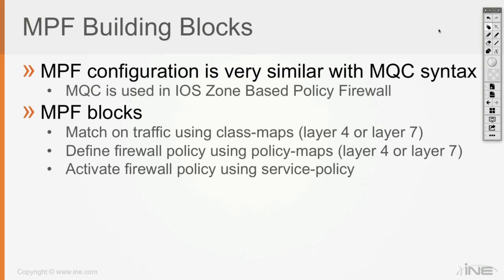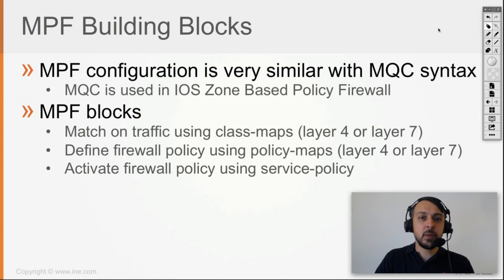Once you match on the traffic, you're going to define the firewall policy using policy maps. In the policy map, you're going to define what action you want the firewall to take on the traffic which you matched in the class map. Likewise, you have a layer 4 policy map or a layer 7 policy map. If you want to do DPI, you're going to configure a layer 7 policy map.